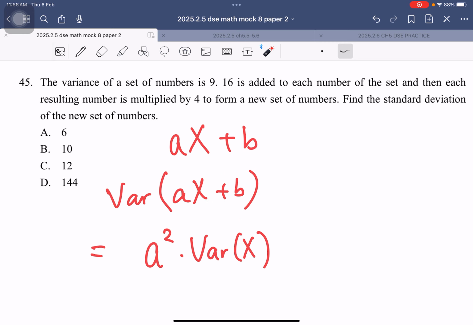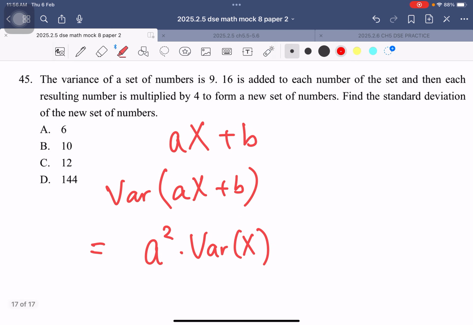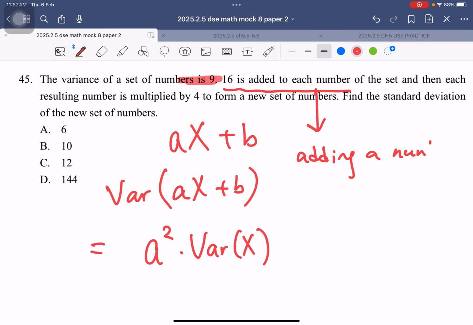Now you can see the question. The variance of the set of numbers is 9, and 16 is added. Will the 16 affect your variance? No. So remember this. Adding a number won't affect your variance.